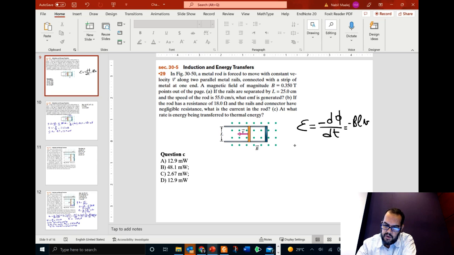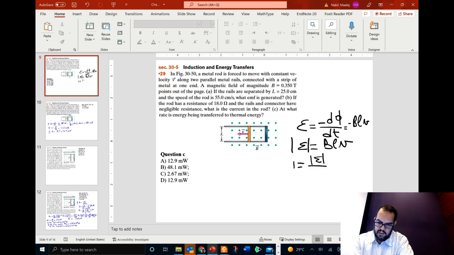If I want the magnitude, it's BLV, and this is the induced EMF. If the rod has a resistance of 18 ohms, what is the current in the conductor? I is just equal to the induced EMF divided by the resistance, which is BLV divided by R.